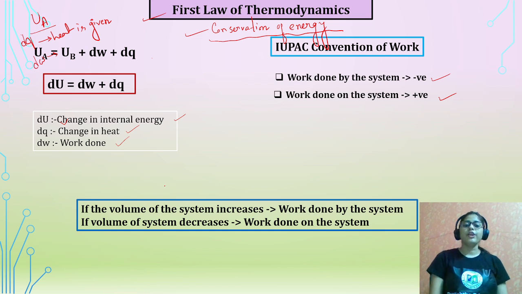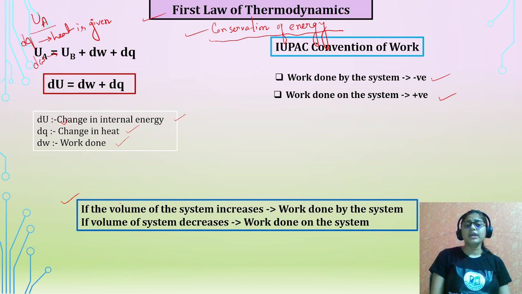If the volume of the system increases, it is work done by the system. When you consider whether work is done by the system or on the system, it is not like counting money, where money is less than the previous amount, so work done by me. Inside the system it is not like that.